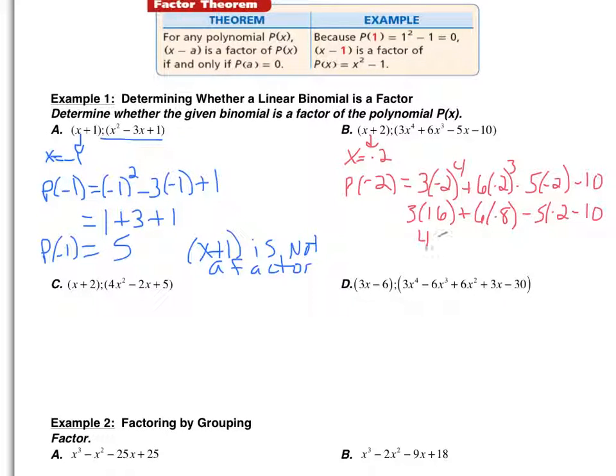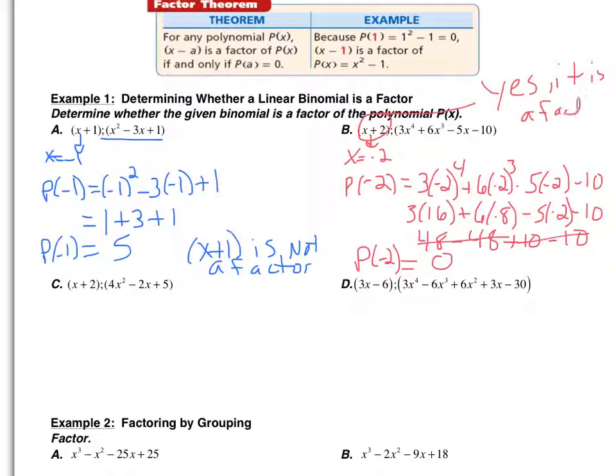So we have 48. 6 times negative 8 is negative 48. Negative 5 times negative 2 is positive 10, minus 10. So 10 and 10 cancel, 48 and 48 cancel, that makes 0. So p of negative 2 equals 0. So yes, it is a factor.